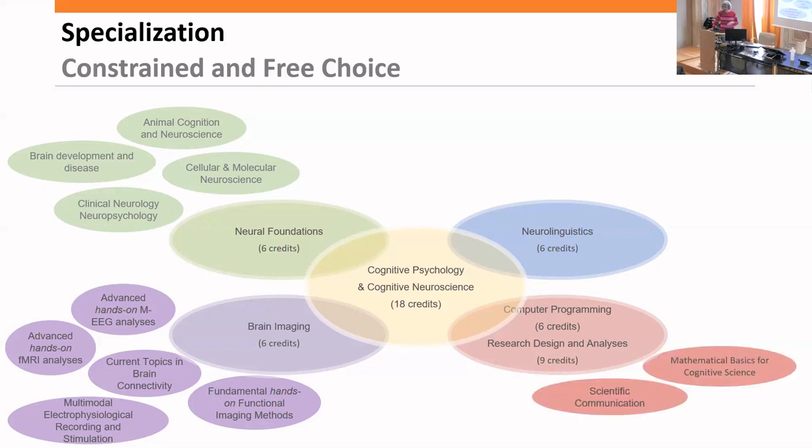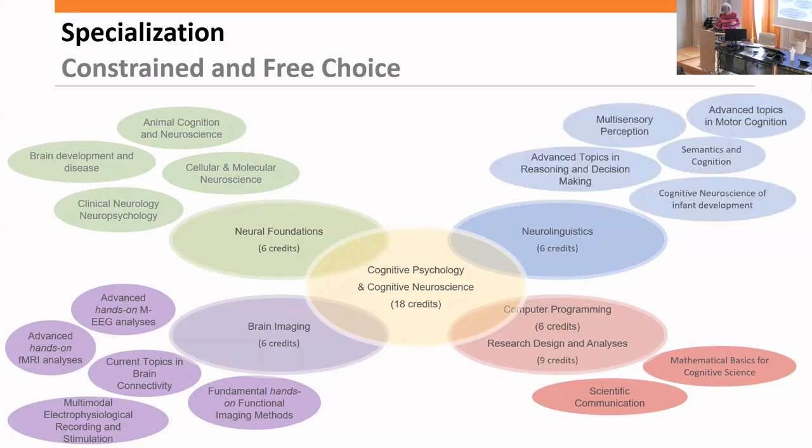Then we have scientific communication, to learn how to present in front of the public, the mathematical basis of cognitive science, fundamental knowledge for any research-oriented path, and all the courses in the area of neurolinguistics and how language interacts with other functions. So this is just a general view of the courses from which you can choose. This makes clear that you can really shape your degree towards the interests that are closest to you.